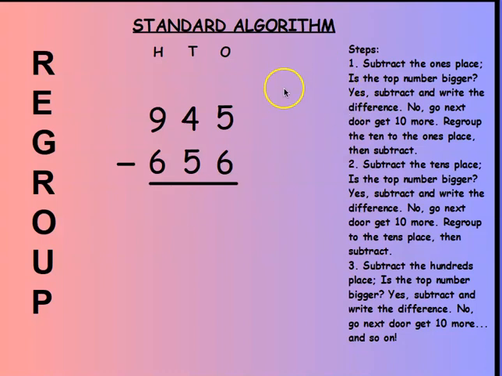All right, so for subtraction, one of the things that you have to make sure of is that your biggest number is on top. 945. It is larger than 656. So I know I wrote my problem the correct way. Now, here's the mistake I see people make a lot when it comes to subtraction.